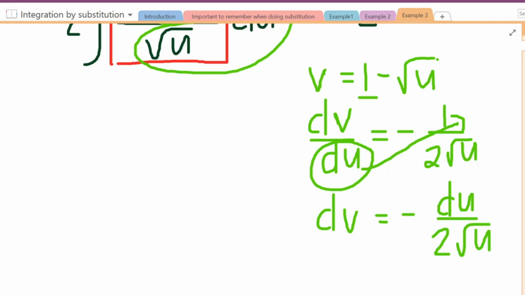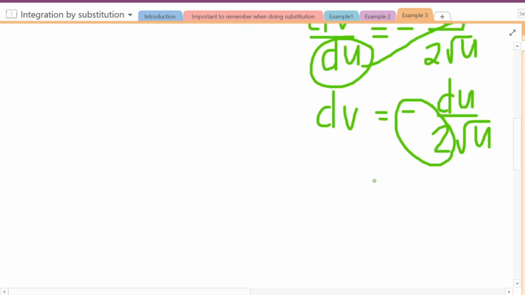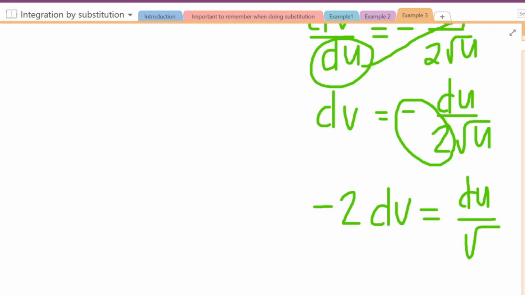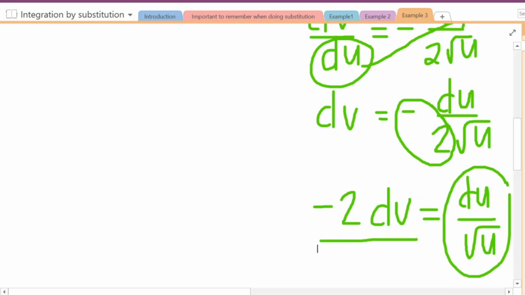But then again, we are only trying to isolate du over square root of u. So I'm going to put this one, negative 1/2, in the other side. We can finally write it as negative 2 dv equal to du over square root of u. This is the part of the integral that we are looking for, and it's equivalent to negative 2 dv.